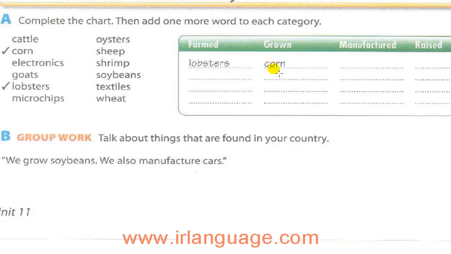We grow corn, wheat, soya beans, coffee, rice, bananas, apples. Grown plus fruit, vegetables, grains. Grains like corn, wheat. Manufactured. Manufactured industry. Manufactured cars.